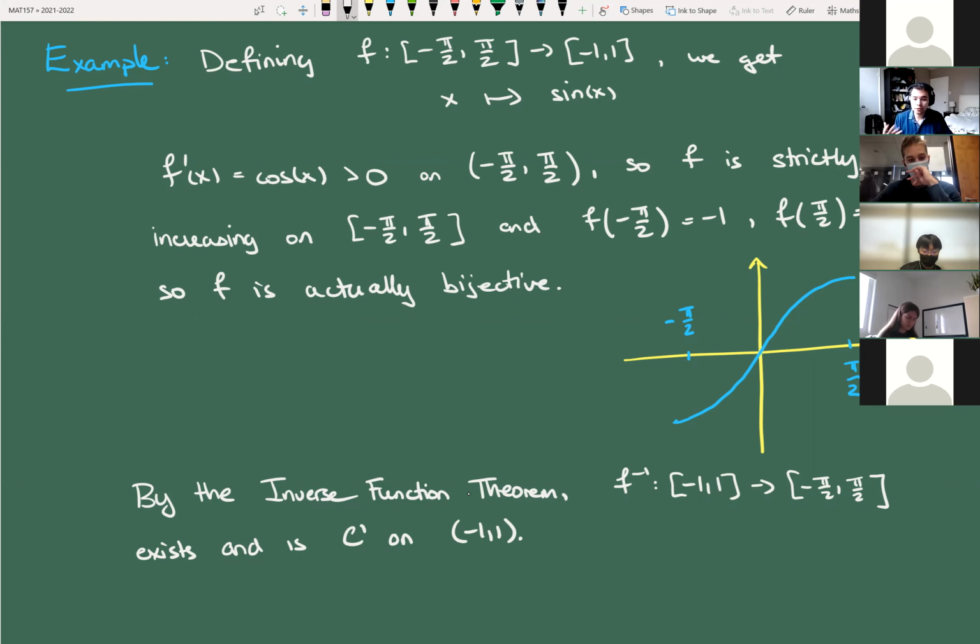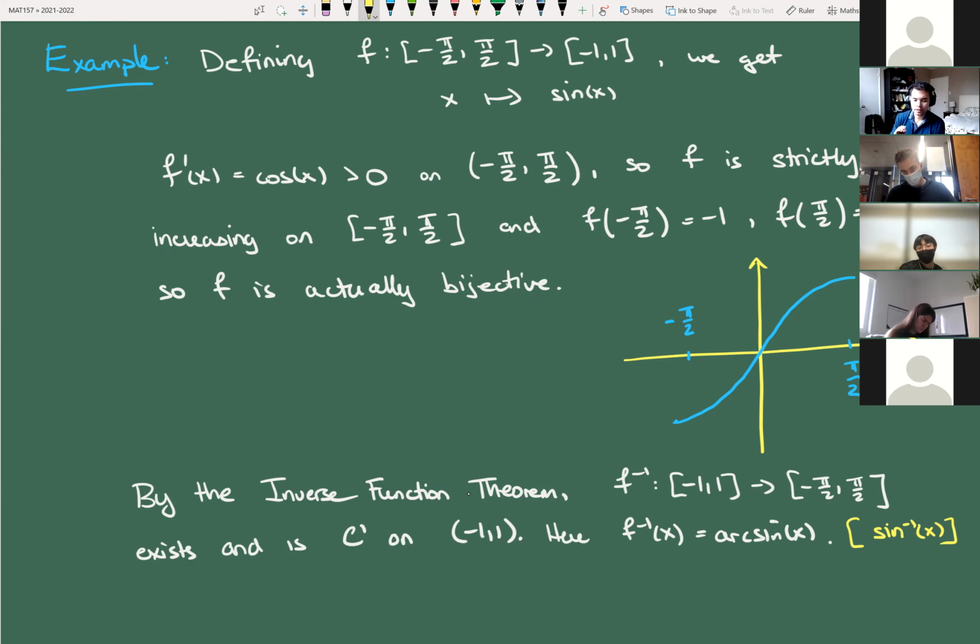And the name that we usually give this inverse map is Arcsine. So here, F inverse of x is arcsine x. Okay, does that make sense? I think some of you have probably seen this written as sine to the power of -1, where you put the little -1 on the sine.